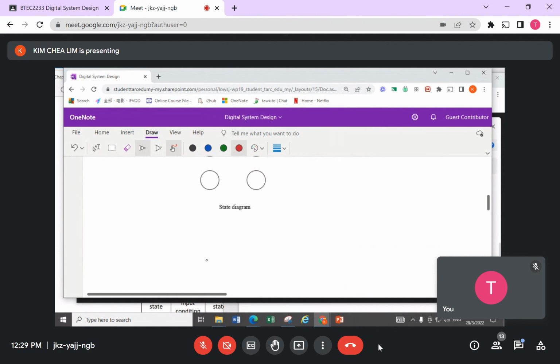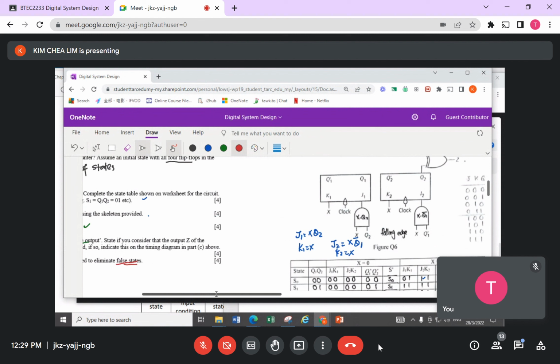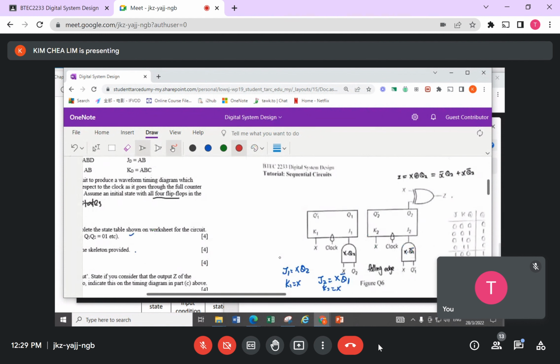Then now, next question is how to solve this problem. Indicate this on the timing diagram. I already done above, the red color one. Next step is explain how this circuit can be redesigned to eliminate the false state, the false output. Anyone with any idea? I want to redesign this circuit a little bit so that my systems here will not give me the false output.